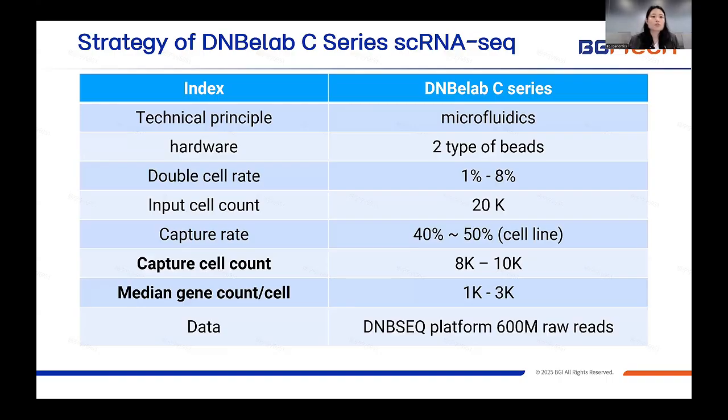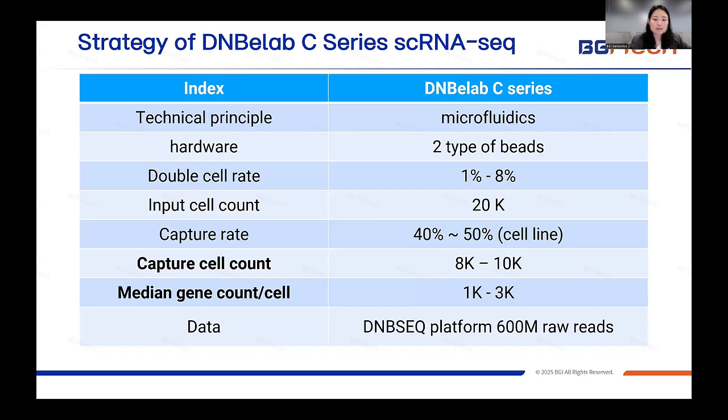The strategy of DNBelab C Series single-cell RNA sequencing is summarized in this table. This single-cell RNA-seq is based on microfluidics. Here I should also show you two very important indicators of single-cell RNA sequencing. The first is the chemical cell count, and the second is the median gene count per cell.